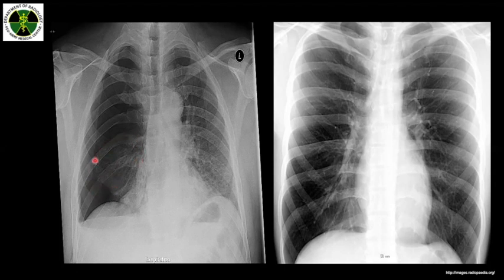Did you notice that this portion of the lung, the entire lucency, is devoid of lung markings? So we know that this is abnormal air collection. And then here we see that there is obliteration of the costophrenic angle. So then there is this sort of meniscus. So this is probably pneumohydrothorax with a rib fracture.